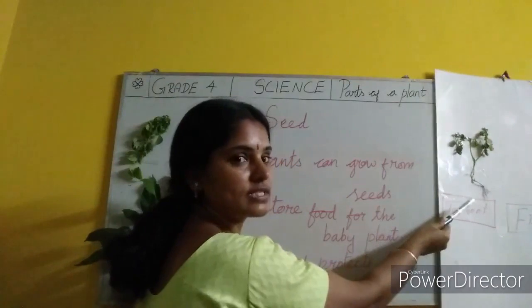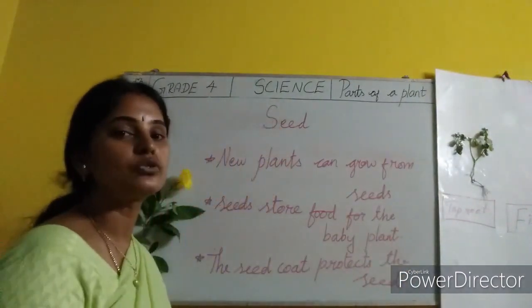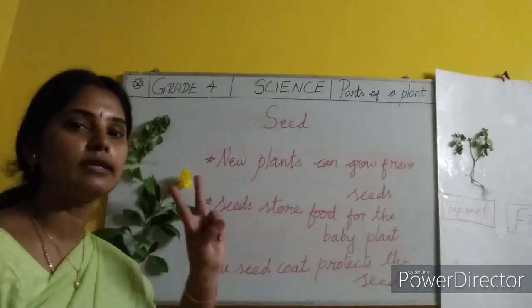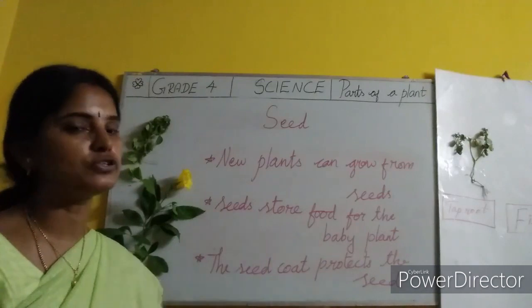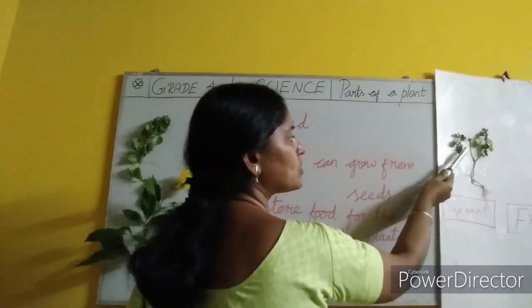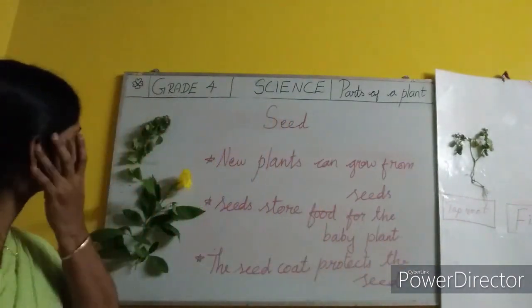Root, isn't it? Shoot. The two main parts of the plant are root and shoot. In the shoot, stem, branches and leaves are present.